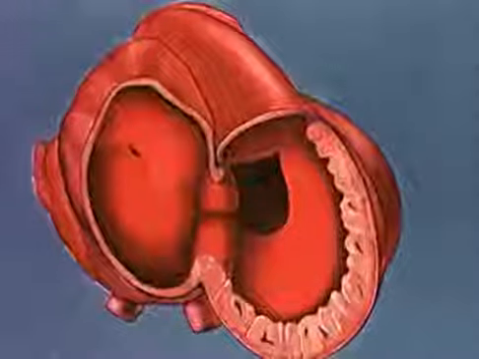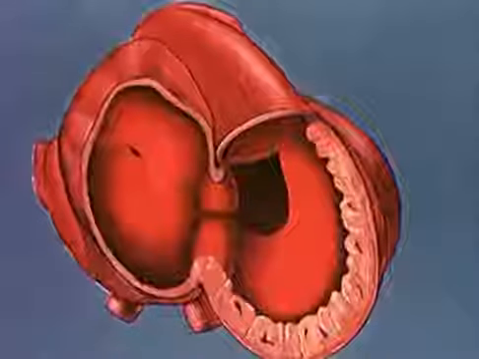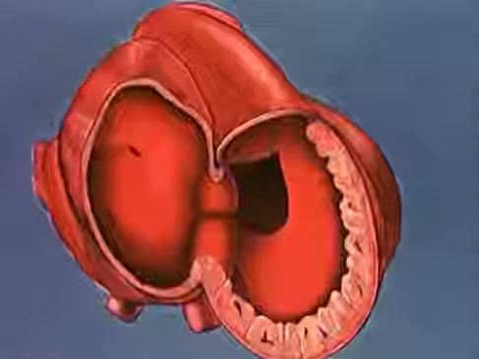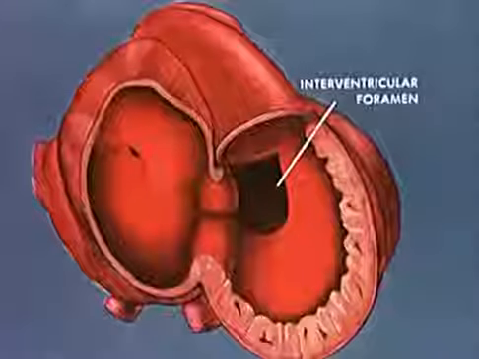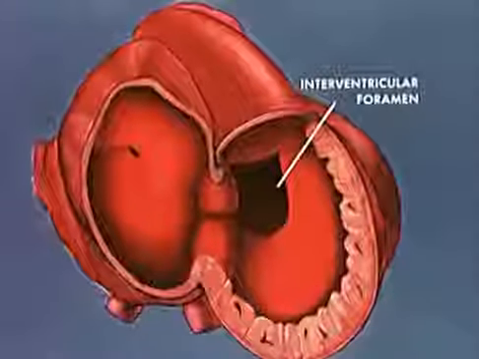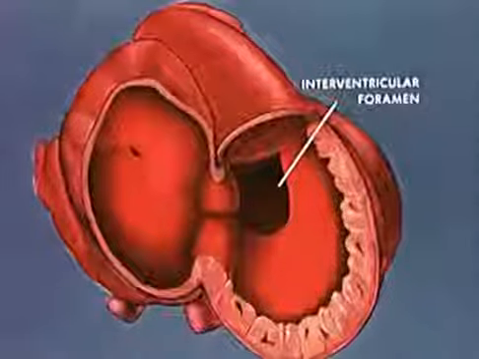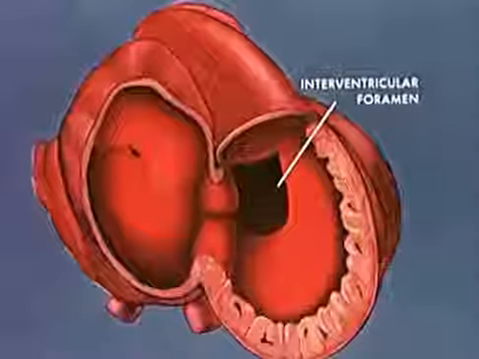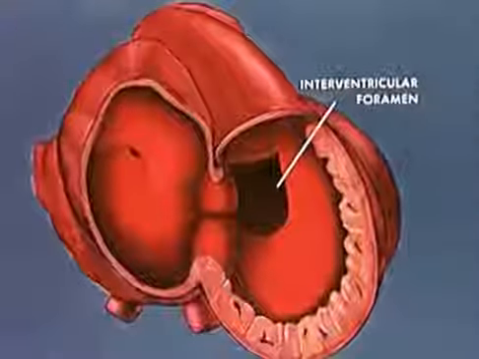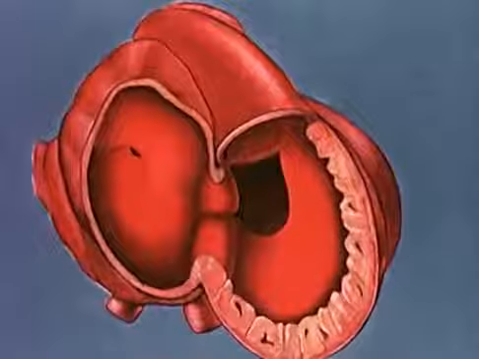An opening persists between the ventricular cavities. Closure of this interventricular foramen awaits the elaboration of a complex spiral septum, which splits the Truncus Arteriosus and conus region into the aorta and pulmonary artery.